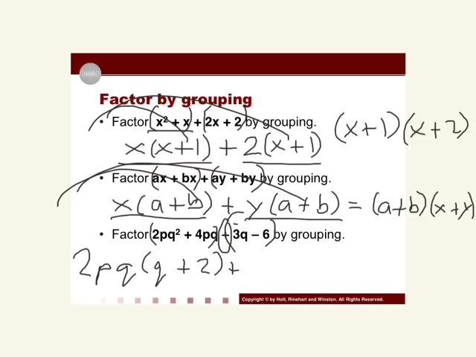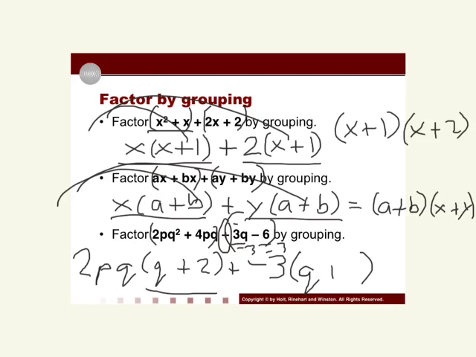Now, because this is negative 3q minus 6, and I know I need to get q plus 2 as my common binomial, I'm going to factor out a -3 like we did at one of the first examples of reviewing greatest common factor. And when I divide both by a -3, notice how both those signs are going to change.